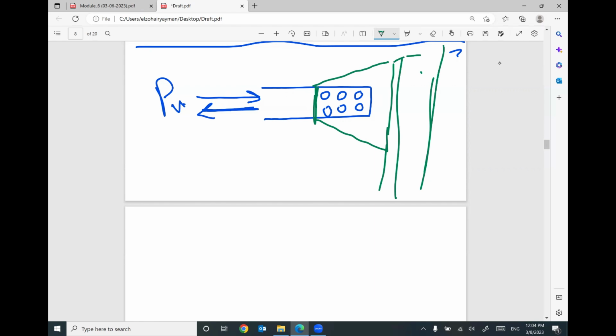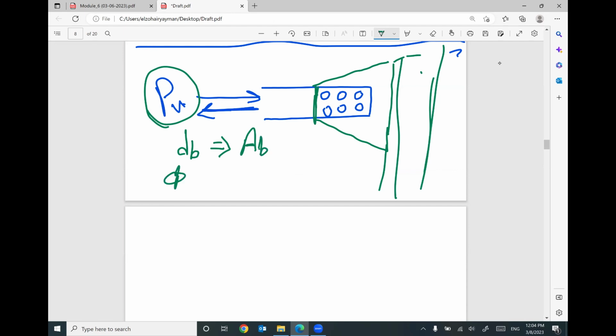But how to connect this member under the effect of P ultimate, tension or compression? How can we figure out the required number of bolts? First step, you have to determine the size of your bolt, because based on the diameter of your bolt, I can figure out the area of the bolt.